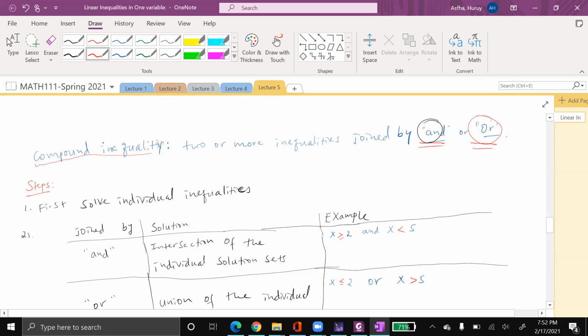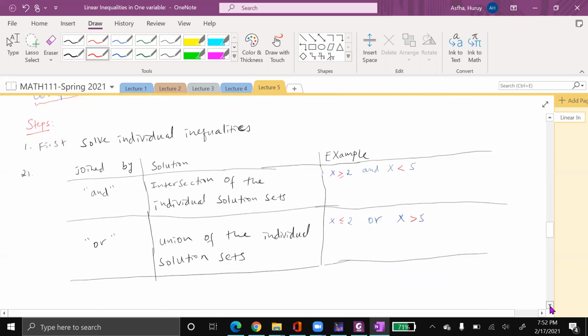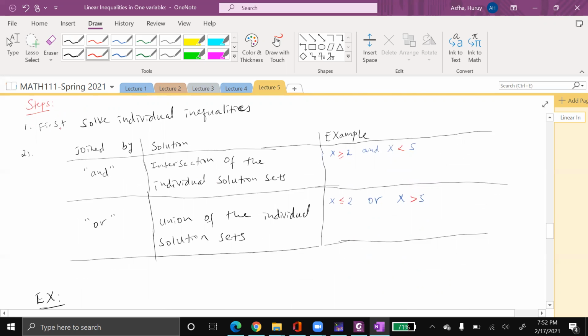A compound inequality involves more than one inequality. To solve it, the first thing we do is solve the individual inequalities first, and then we look at what joins the two inequalities.